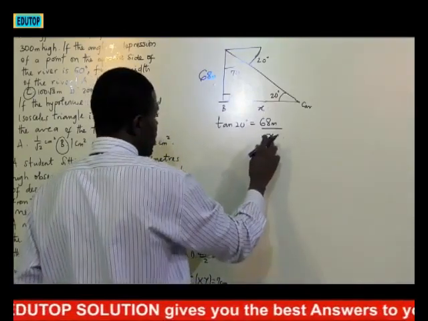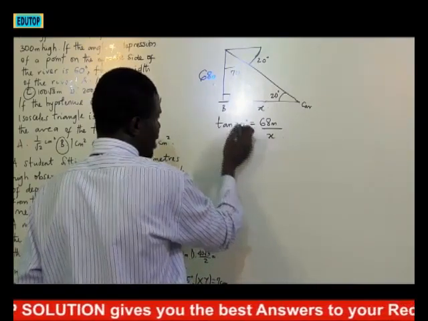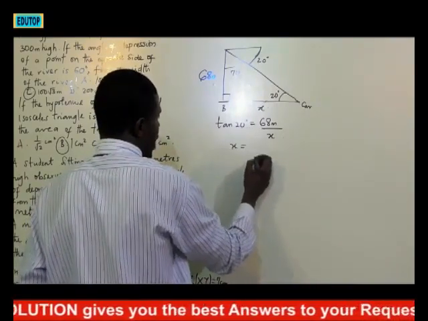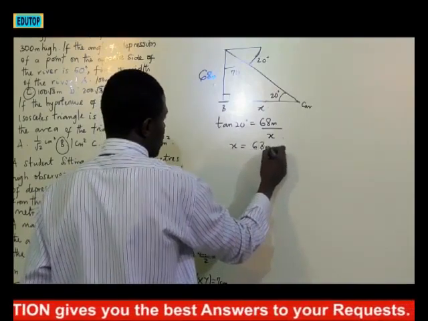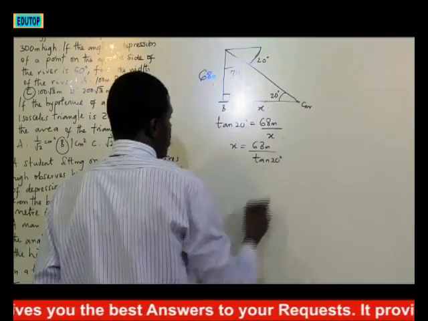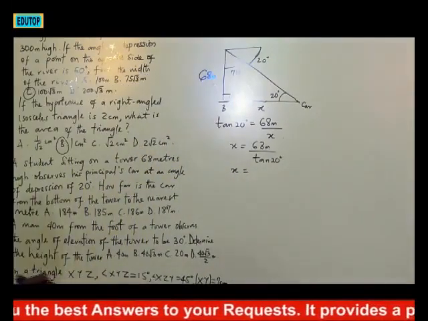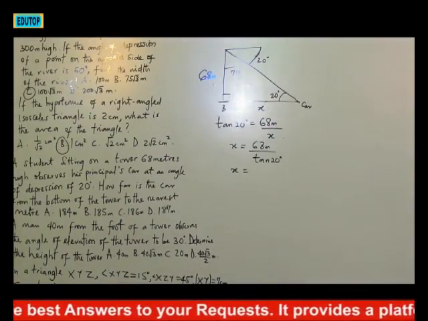And x is our interest, so we make x the subject of the formula. By so doing, we just interchange. Then mathematically, we have x equals 68 meters over tan 20 degrees. Then we figure out what tan 20 degrees would be by using our calculator.